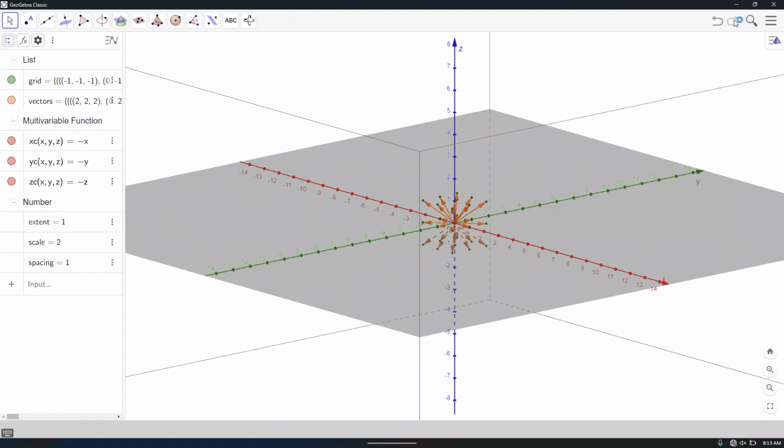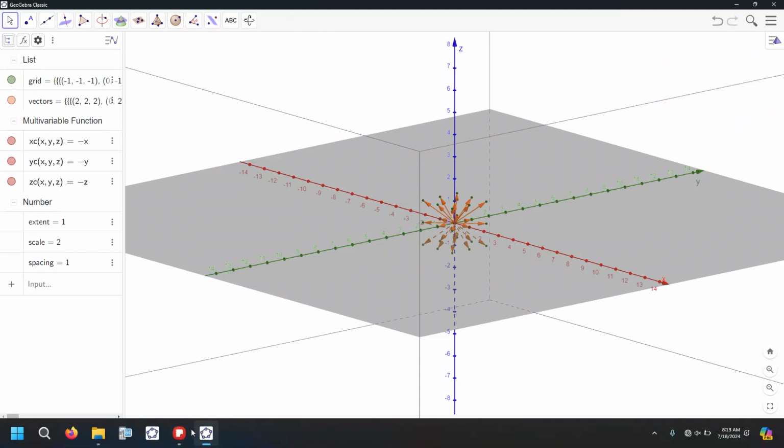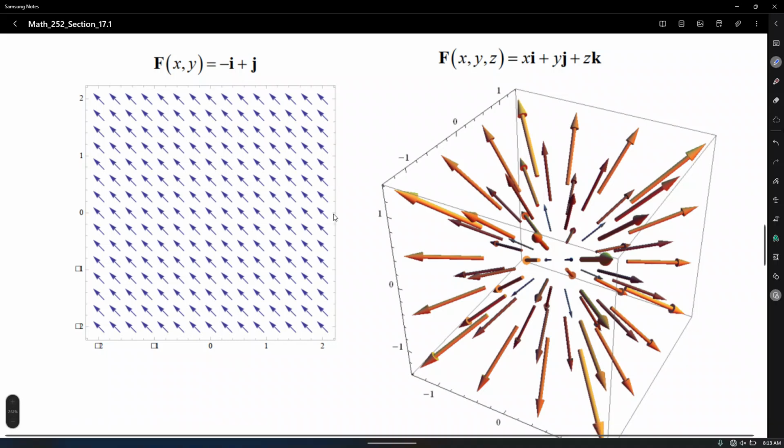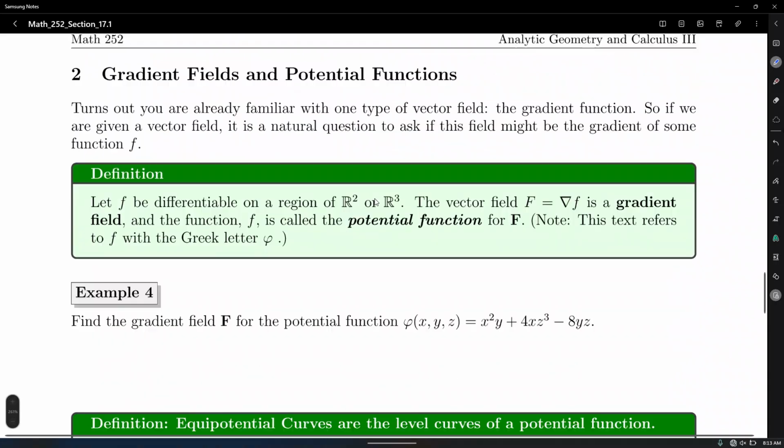Well, let's talk about other properties of these vector fields. Actually, let's talk about a vector field that you are familiar with, but you didn't know it was a vector field, because back then we were not ready to call it a vector field. It was more like an operation, which is finding the gradient.